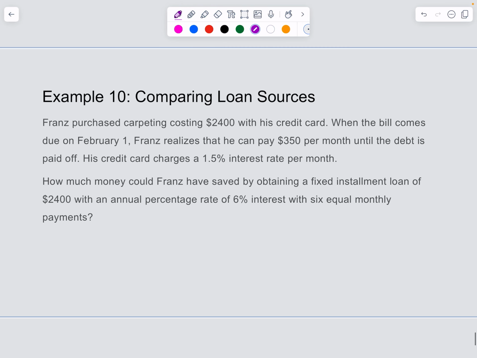Okay, how much money could Franz have saved by obtaining a fixed installment loan of $2,400 with an annual percentage rate, APR, of 6% with 6 equal monthly payments? Well, let's find out what this would give us in terms of a finance charge first. So we'll use our table.